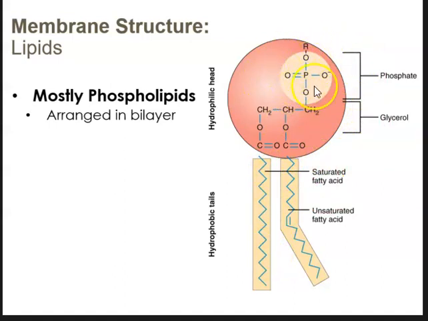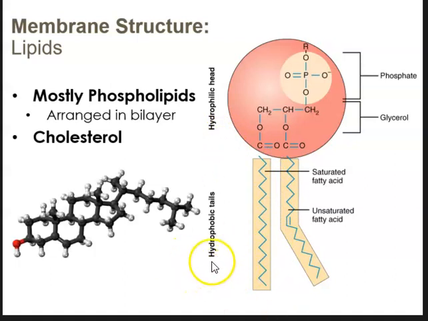And the phosphate attached to the glycerol contributes to that hydrophilic head of the phospholipid. Meanwhile, we have chains of fatty acids forming cholesterol that contributes to the hydrophobic tail. So the structure of the fatty acids and cholesterol help form that hydrophobic tail.